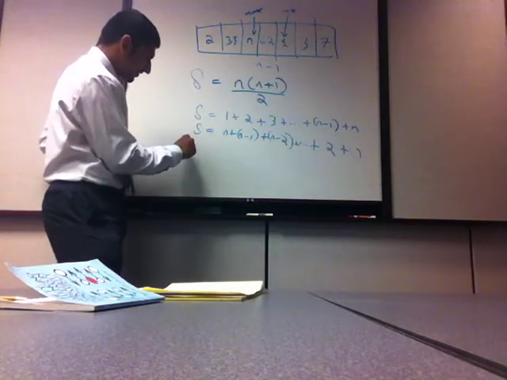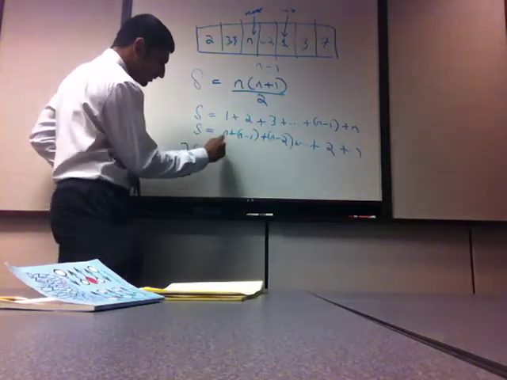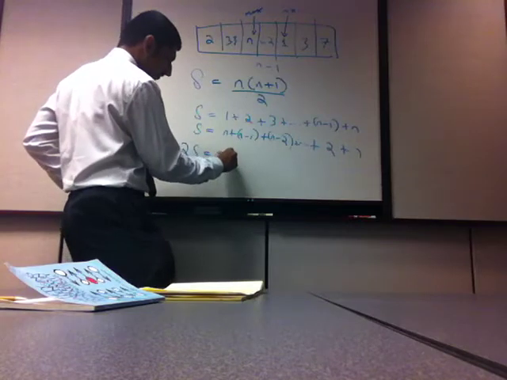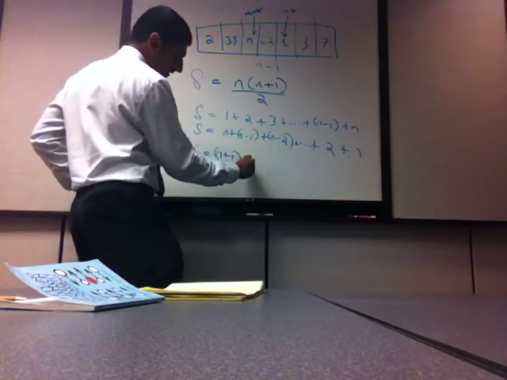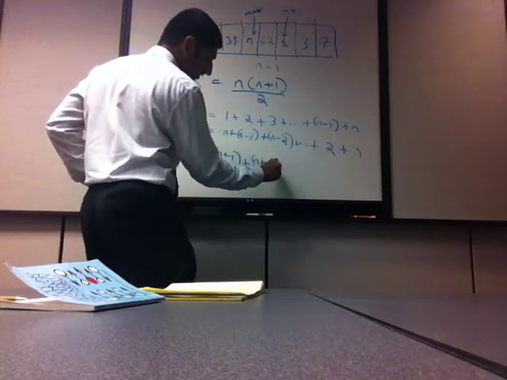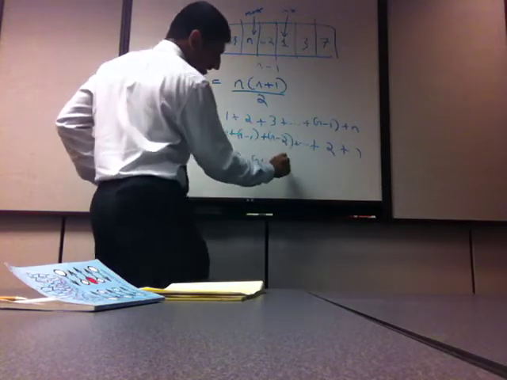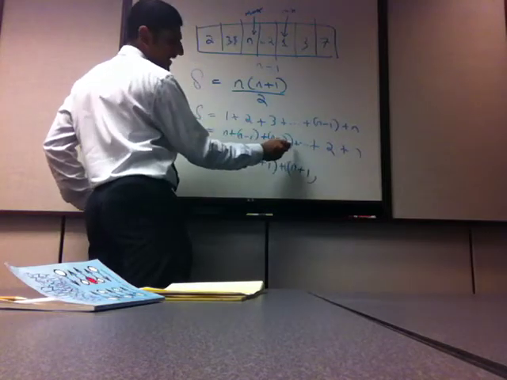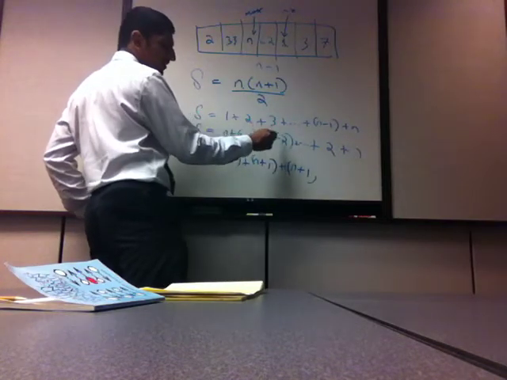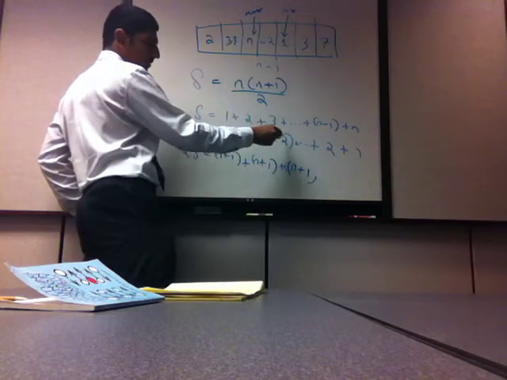So what I get is s plus s, or 2s, is equal to n plus 1 plus n plus 1, I just keep summing the corresponding terms, plus n plus 1. Because notice, this number is becoming smaller by 1, this number is becoming larger by 1, so the sum is always going to be n plus 1.